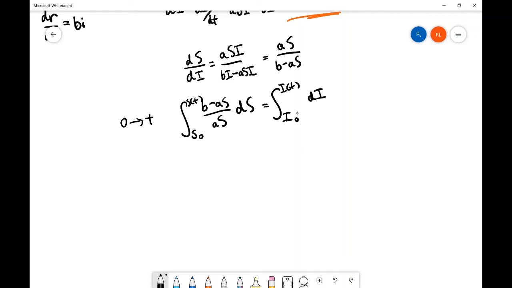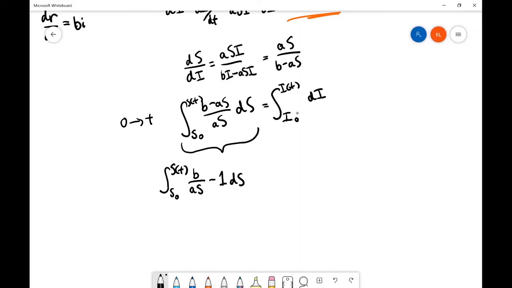Okay, so we can simplify this side a little bit, right? We get the integral from S_0 to S(t) of (b over aS minus 1) dS.